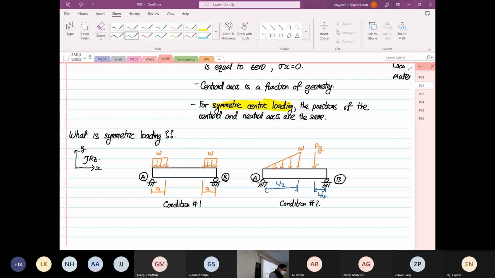It has nothing to do with whether it is symmetrical or unsymmetrical loading, nothing to do with how the forces are applied.